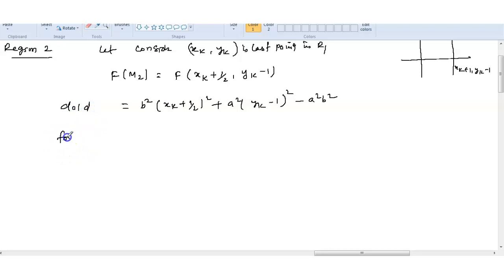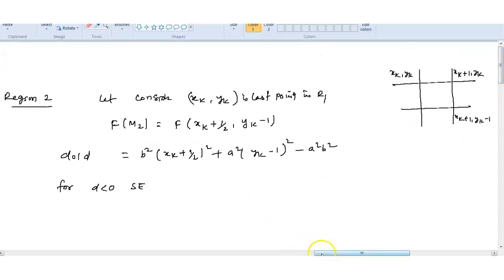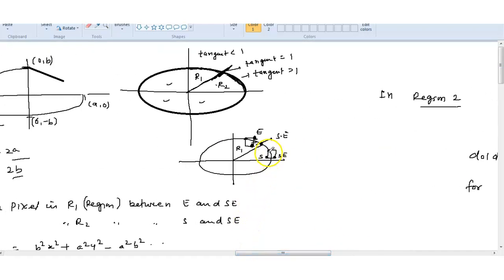Now for the choice, when d is less than 0, we'll choose the southeast corner in the ellipse. When d is less than 0, we are choosing the southeast corner, this one, because m is inside, and this line is passing closer to the southeast, so we are choosing the southeast coordinate.